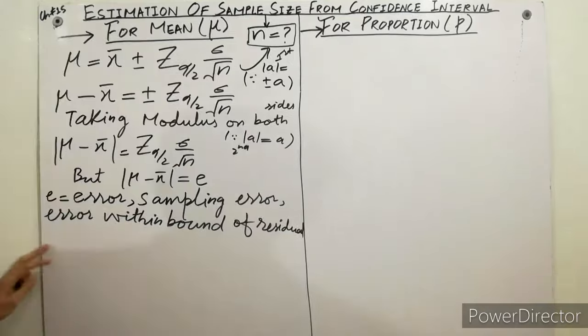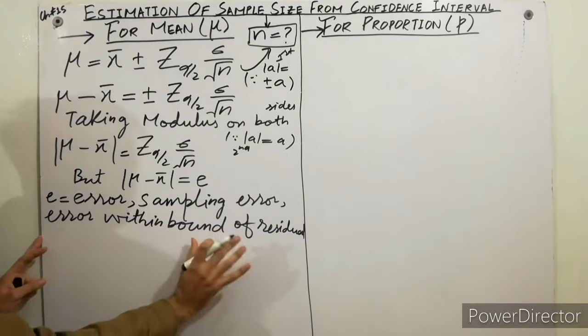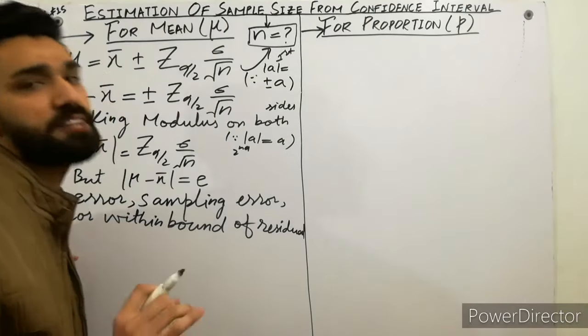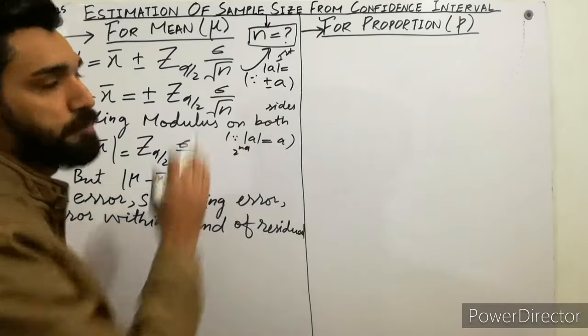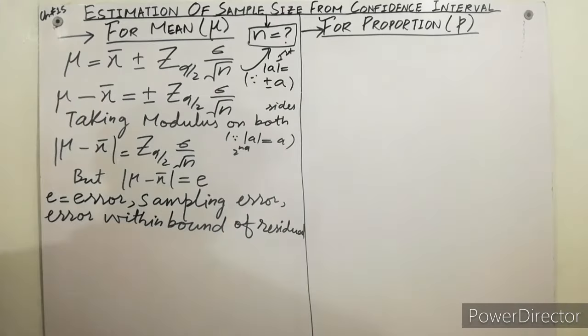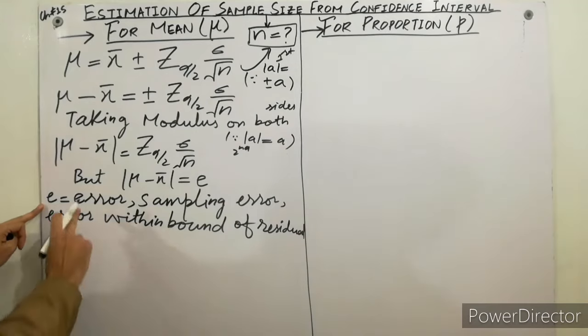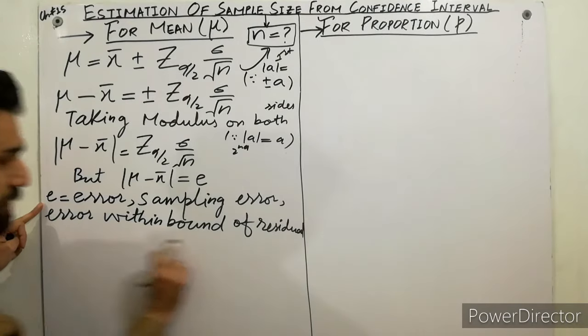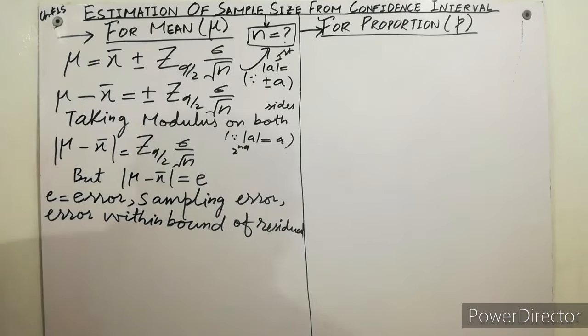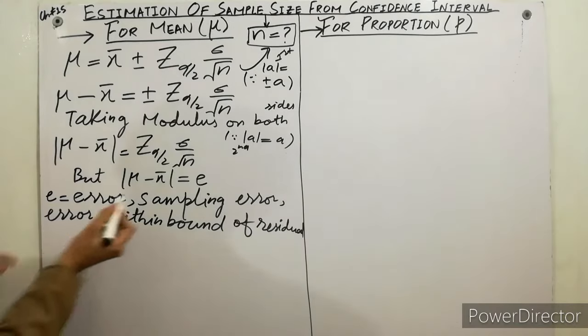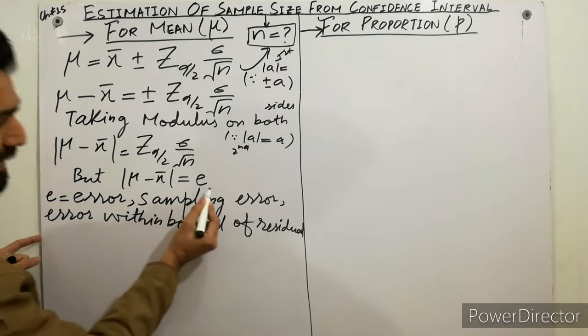So that is a must remember. These points will be very beneficial in calculating the formula of sample size. Must remember that the error, the sampling error, is always equal to E. Remember that point.